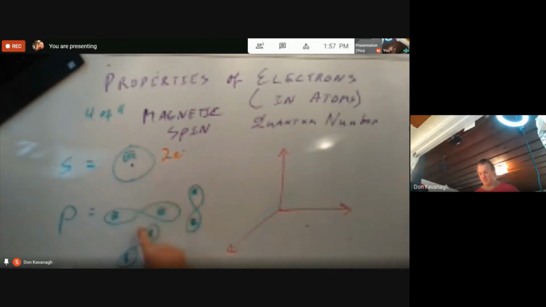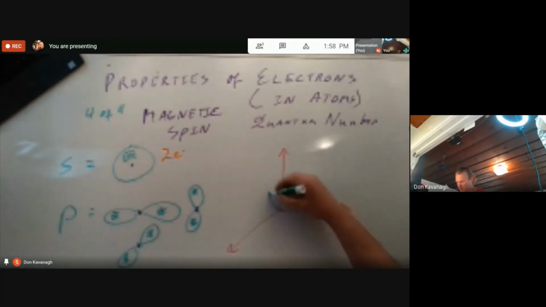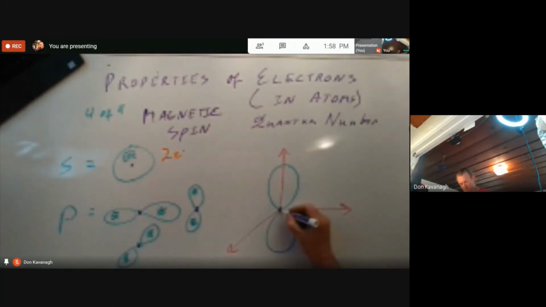In the p orbitals, I have these 3 p orbitals just kind of randomly drawn in here. The nucleus is in the center, and the 3 p orbitals are overlaid around the nucleus in this fashion. That's the Y I drew.